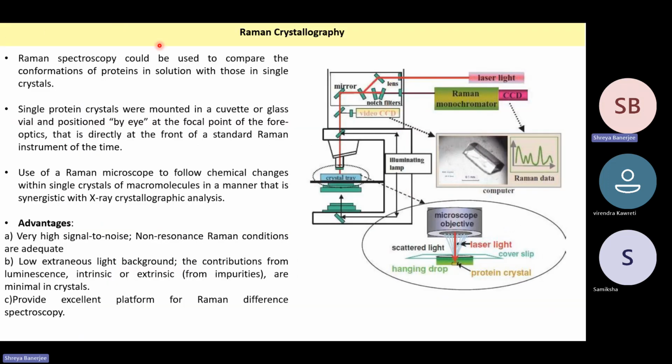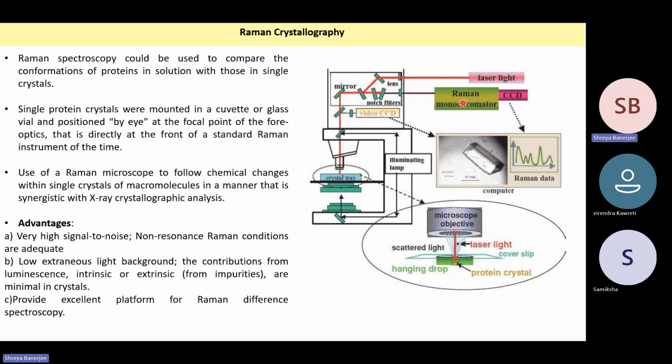One was the Raman microscopy, where we are coupling the microscope with the Raman spectrophotometer. Another is the Raman crystallography, where we are mounting a single crystal. So you can see that there is a single crystal, and we have the Raman spectrophotometer focused on that single crystal.